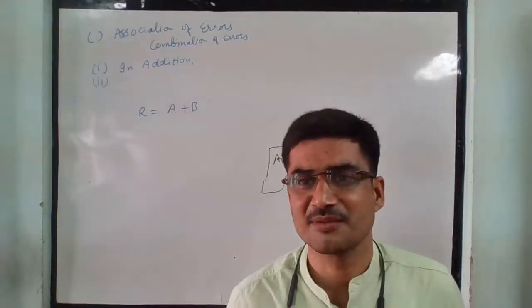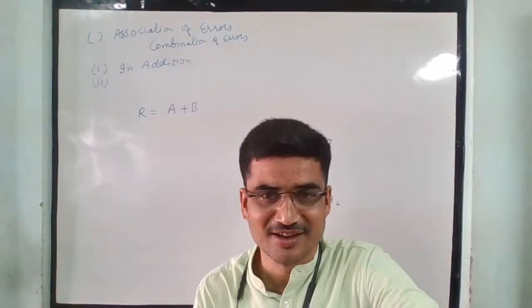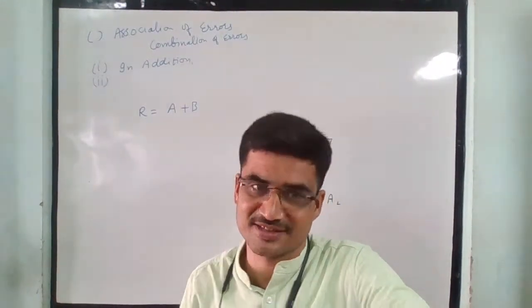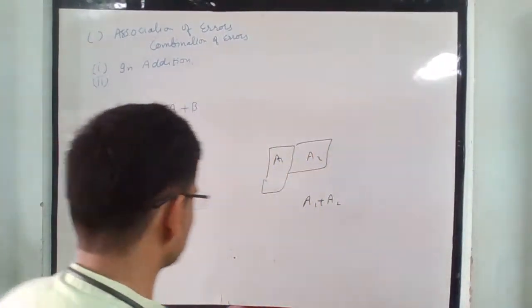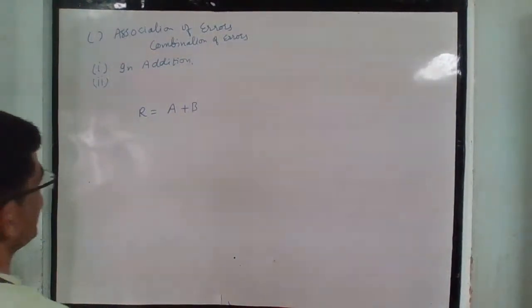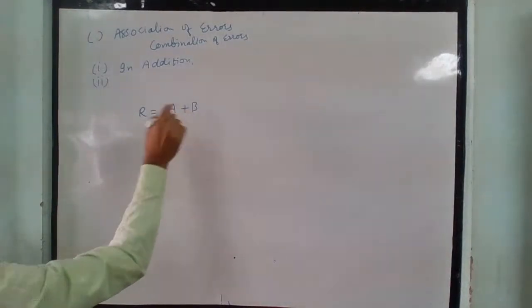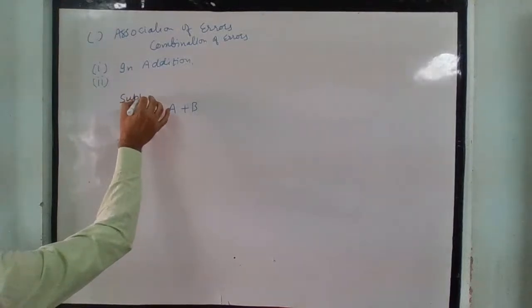So in many measurements we need to add. So in addition, how is the error associated? That is one of the simplest cases. So R is A plus B, suppose any physical quantity R is measured as A plus B.